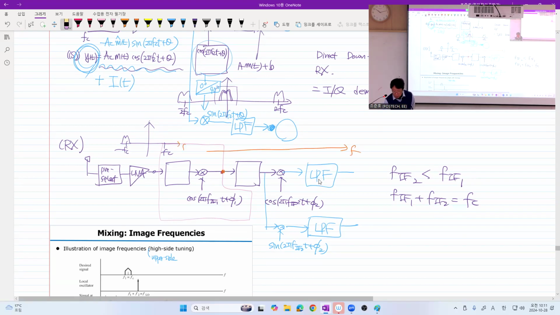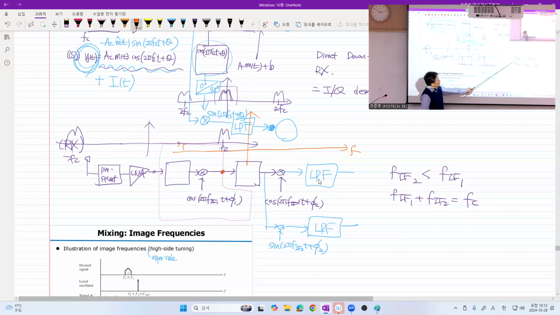Let me exaggerate a little bit there. Now our assumption is that these two local oscillator frequencies are all positive, and their sum is Fc.